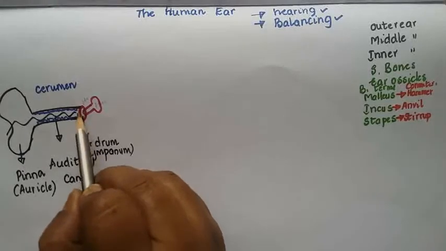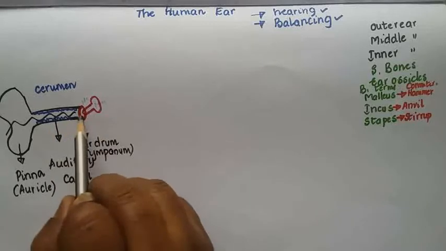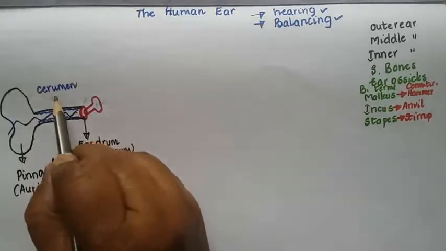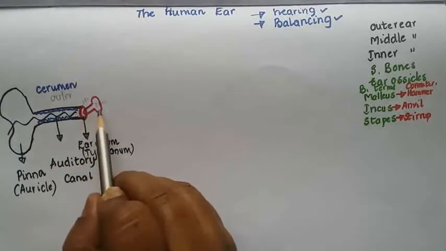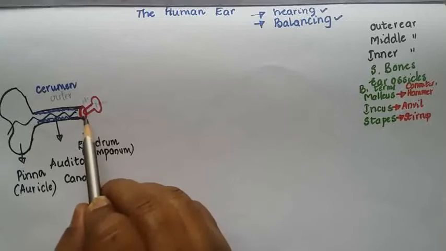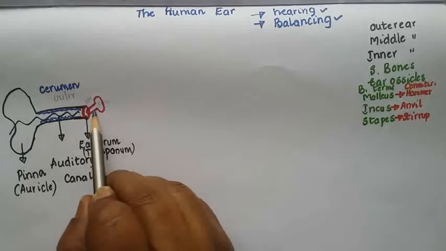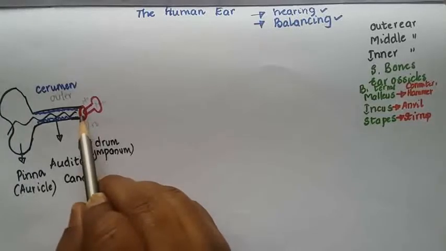If you look, the tympanum has two surfaces. The surface which is facing the auditory canal can be named as the outer surface, and the surface which is facing the Malleus can be named as the inner surface. So thus you can say that the handle of the Malleus is attached to the inner surface of the tympanum.